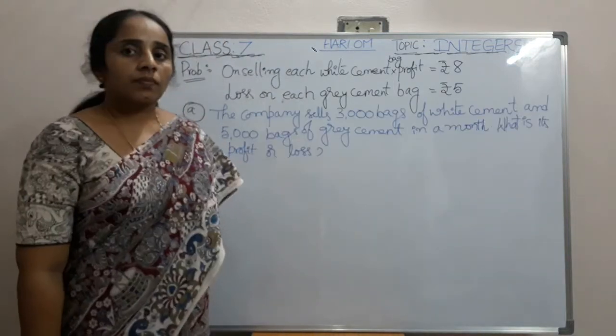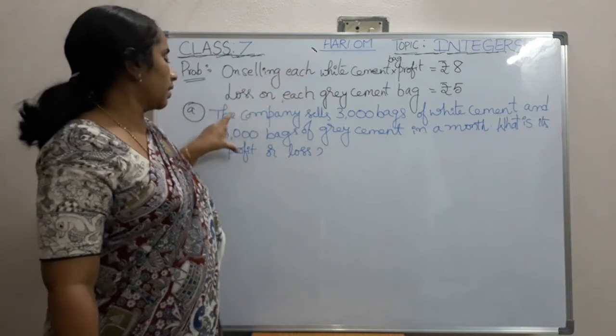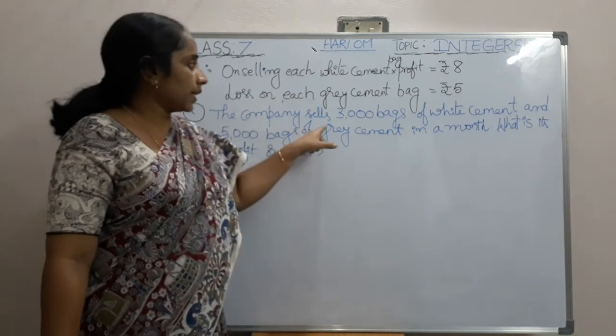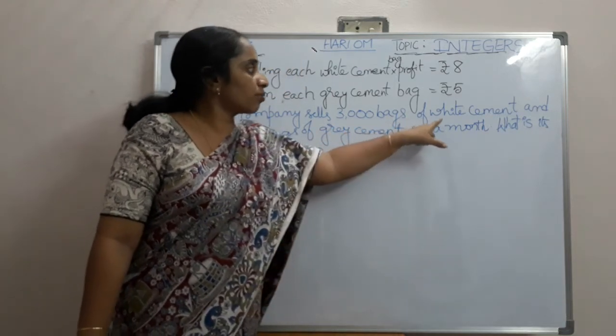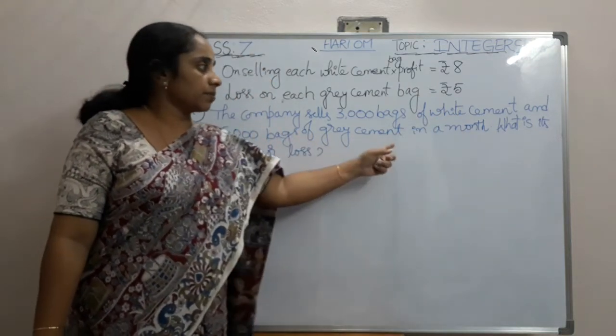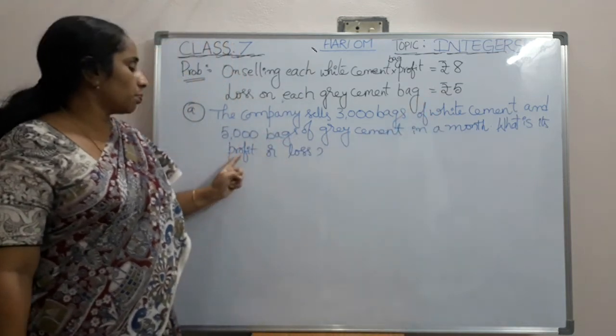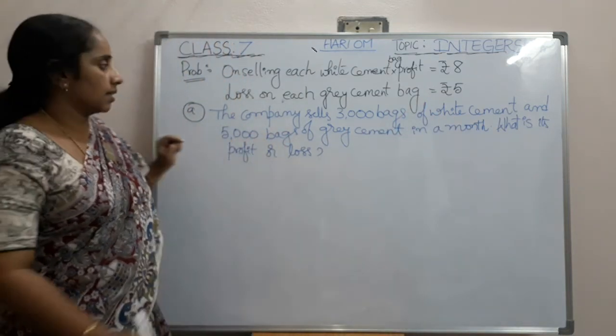From this data we have to find out: the company sells 3000 bags of white cement and 5000 bags of grey cement in a month. What is its profit or loss?